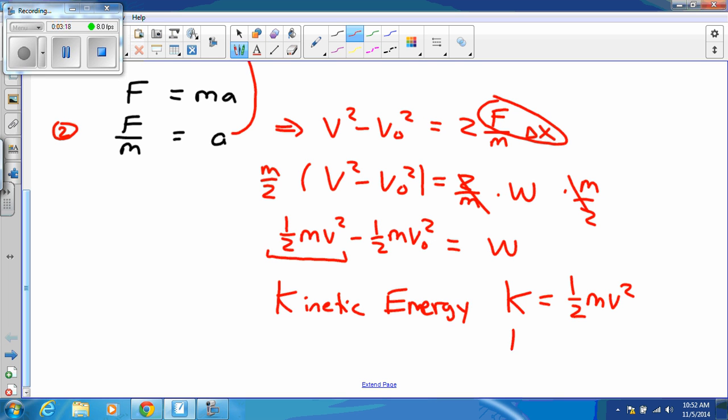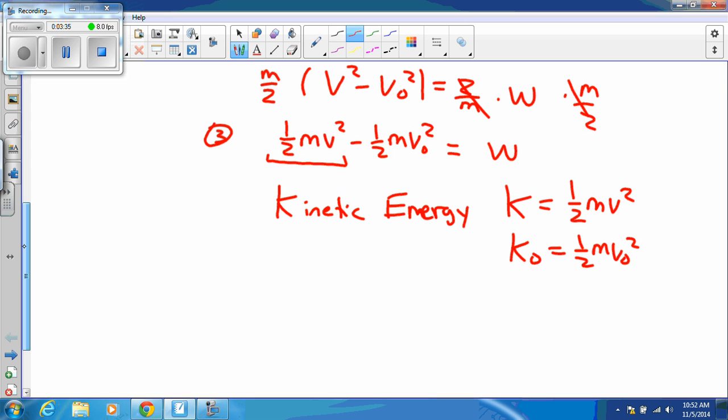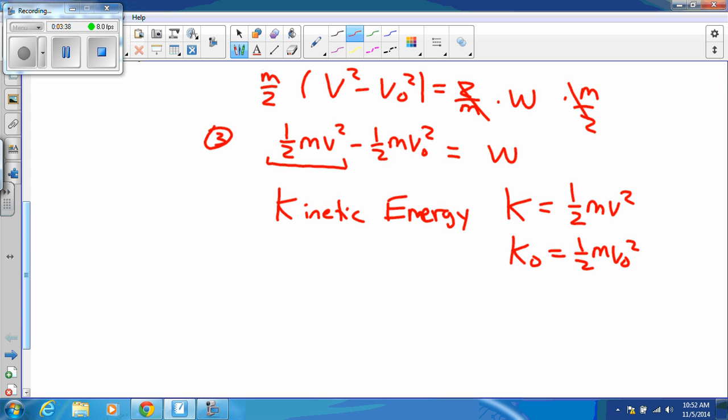If we use that symbol K, then K0 would be 1/2 mv0 squared, or the initial kinetic energy. And if we substitute into our equation 3, we get a very nice compact explanation of what work does, and that is that work equals K minus K0, the change in the kinetic energy of the object.